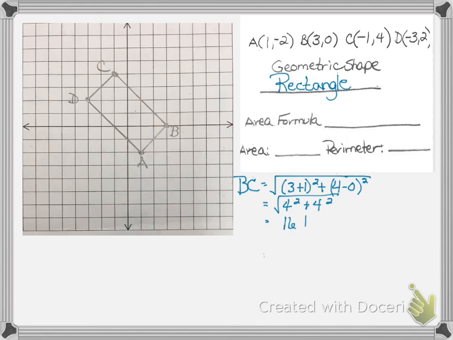So 16 plus 16, square root, is the square root of 32. So let's go ahead and simplify this radical using the cake. 16 is still composite. 2 goes into 16. 8 is composite. 2 goes into 8. 4 is composite.